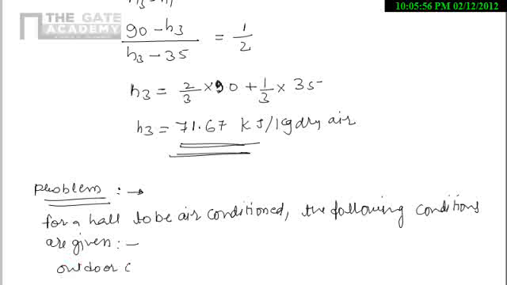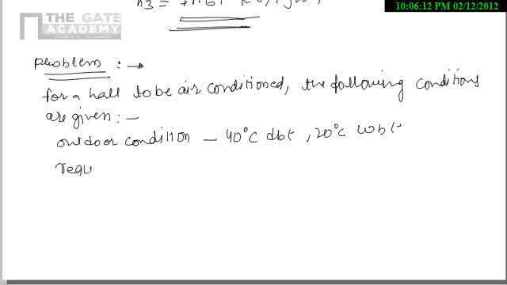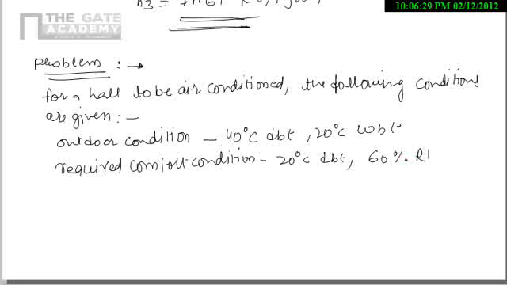Outdoor condition: 40 degrees centigrade dry bulb temperature and 20 degrees centigrade wet bulb temperature. Required comfort condition: 20 degrees centigrade dry bulb temperature and 60% relative humidity.